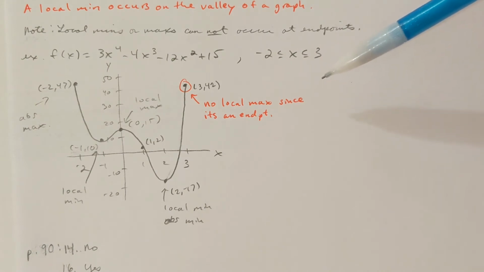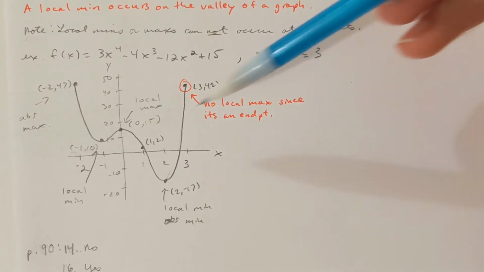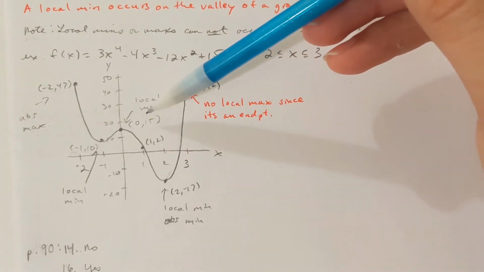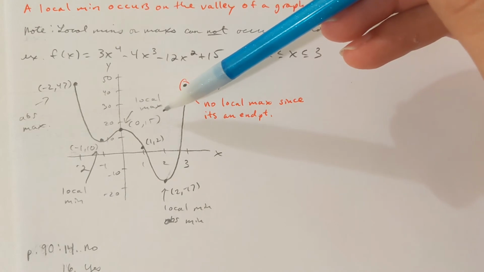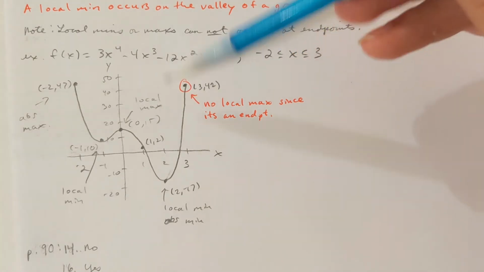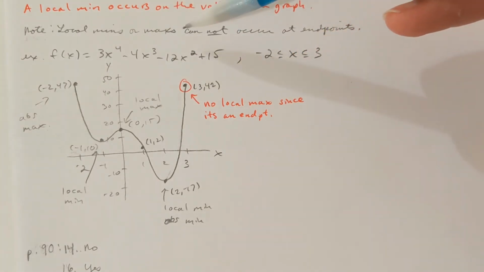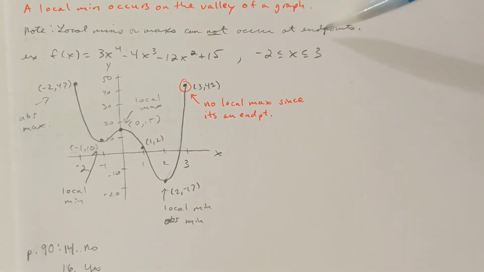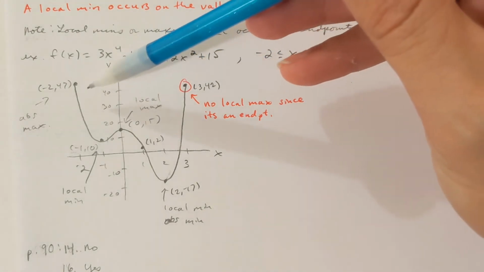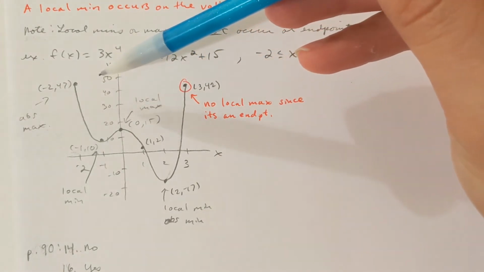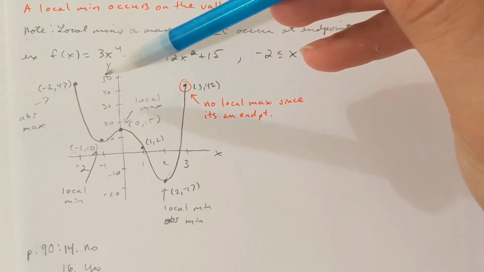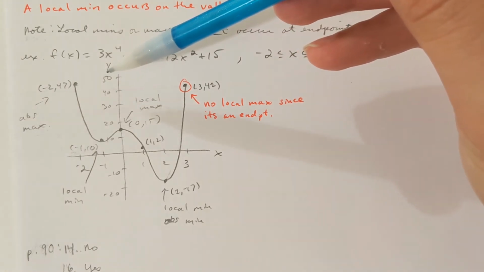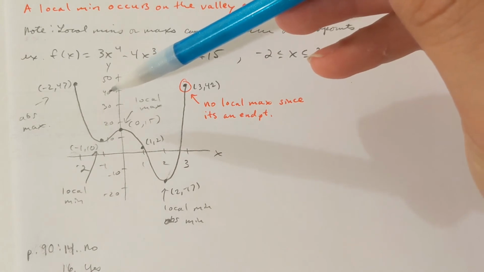Now where do I have local maxes? Well, there's one local max that occurs at the point 0, 15. And remember that local mins or maxes cannot occur at endpoints. So this point here, negative 2, 47, I would not think of that as a local max. It's an absolute max, but it's not a local max.